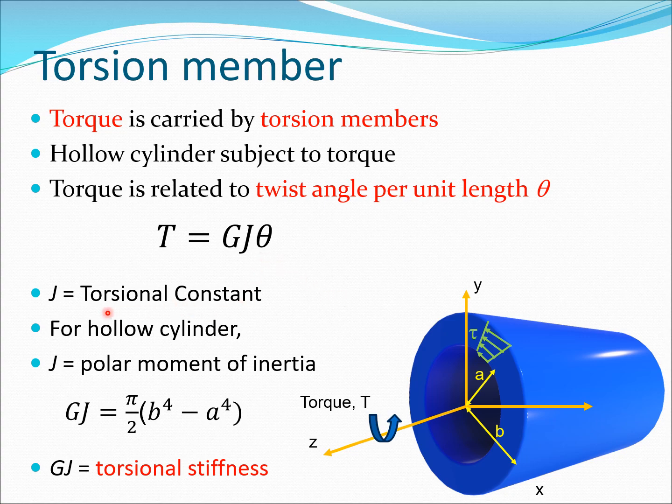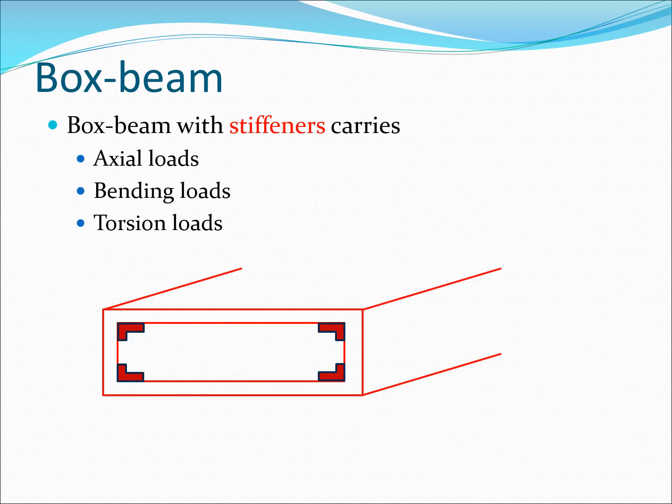Now, here remember that J is the torsional constant, and for the hollow cylinder, J is actually the polar moment of inertia. So, J becomes π/2 (B⁴ − A⁴), which you can easily calculate, and GJ is known as the torsional stiffness of this kind of cylinder here. So we get an idea that different type of members can carry different type of loads.